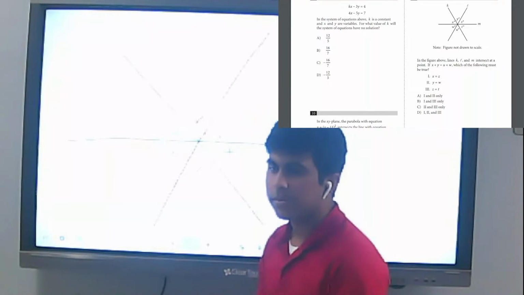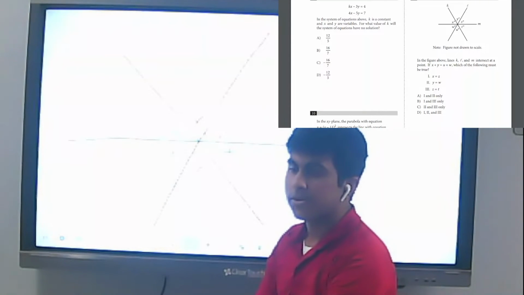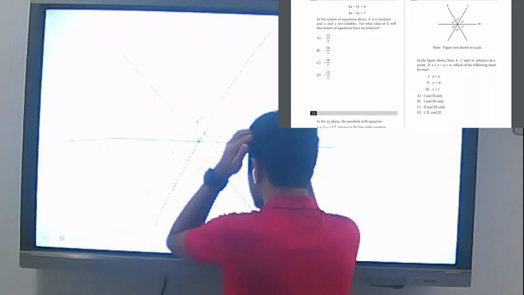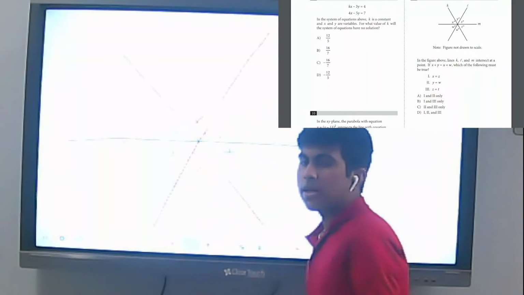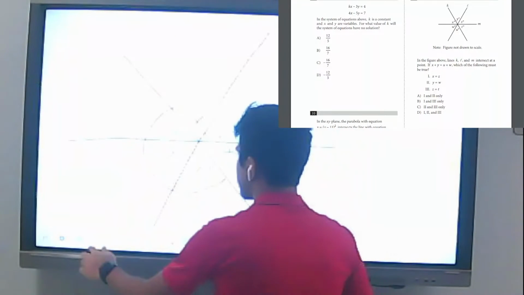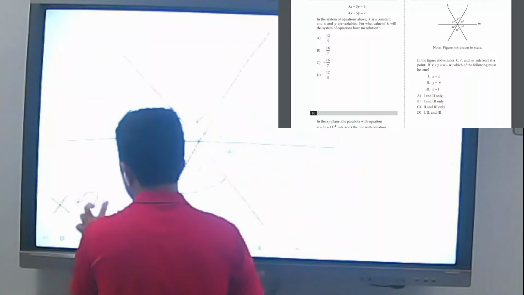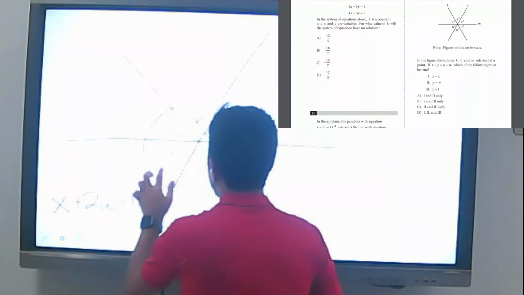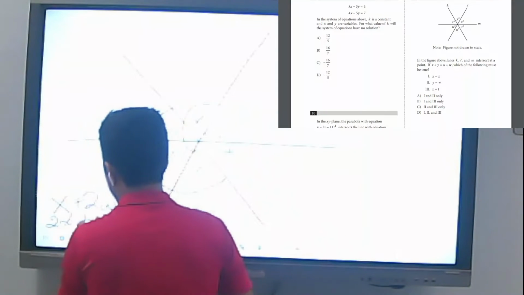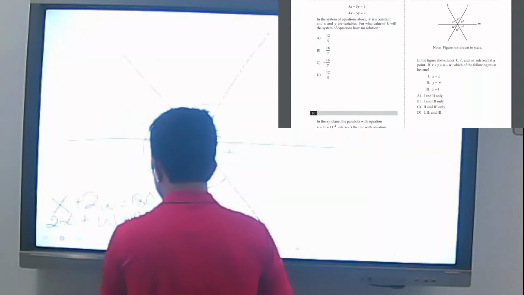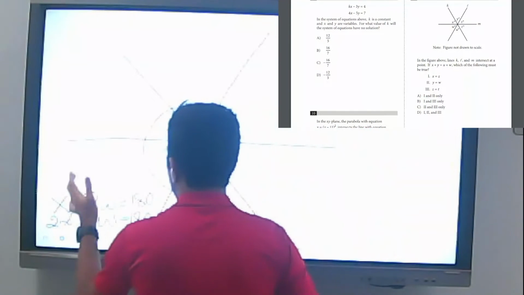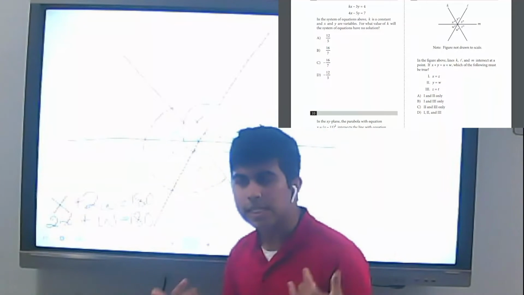Okay, now, let's see. Which of the following must be true? Well, what do we know? We know that this is 180 degrees. So x plus 2w is 180 degrees. And we know that this is also 180 degrees. So that's 2x plus w is 180 degrees. And if you solve that out, you're going to realize that x equals w, and they're all 60 degrees.